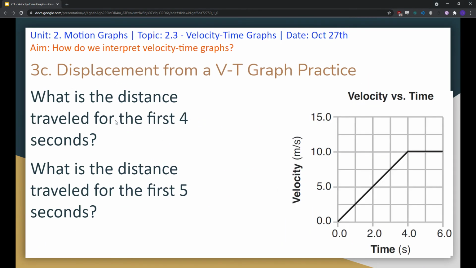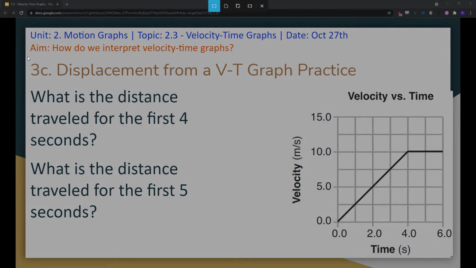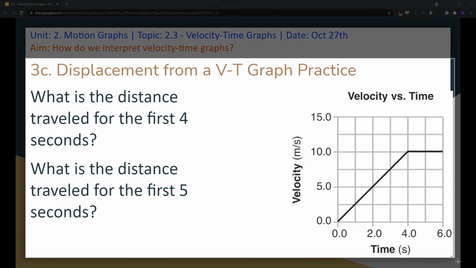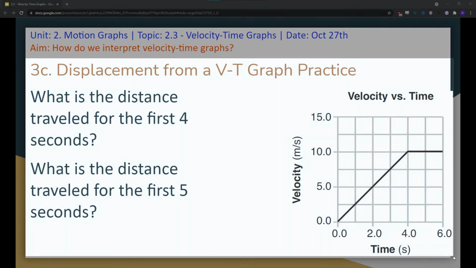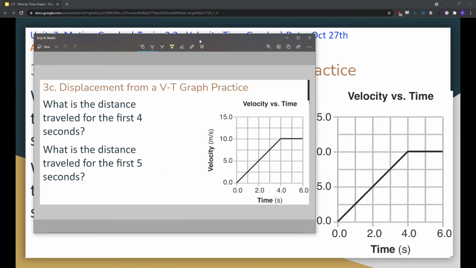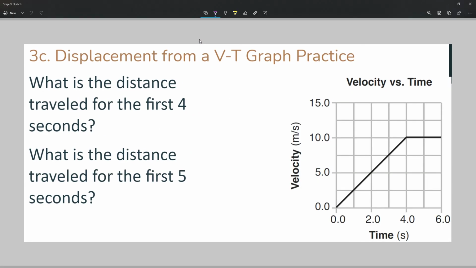Okay. Next practice question. What is the distance traveled for the first 4 seconds? Again, we want distance traveled, and this is a VT graph, so we're going to find the area. We want the area right there.